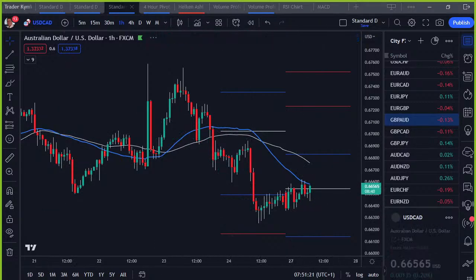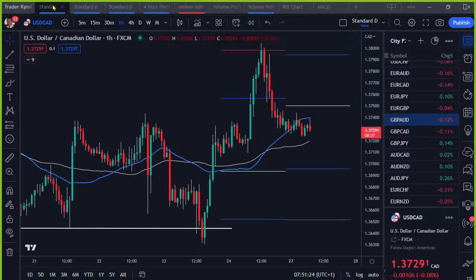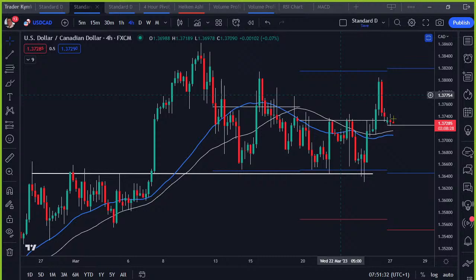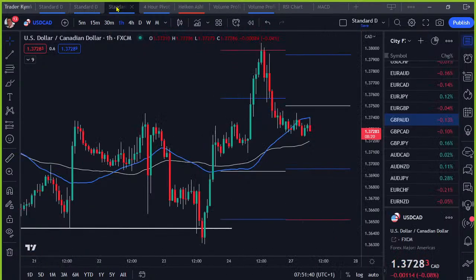US dollar CAD, the inverted pairing. You can see on Friday that popped up. It broke the flag pattern to the upside. Whether it will continue is a question today, just as with the others, whether they'll continue to the downside. Quite choppy on the 4 hourlies here, quite an ugly looking pattern really at the moment, and it's below its daily pivot.